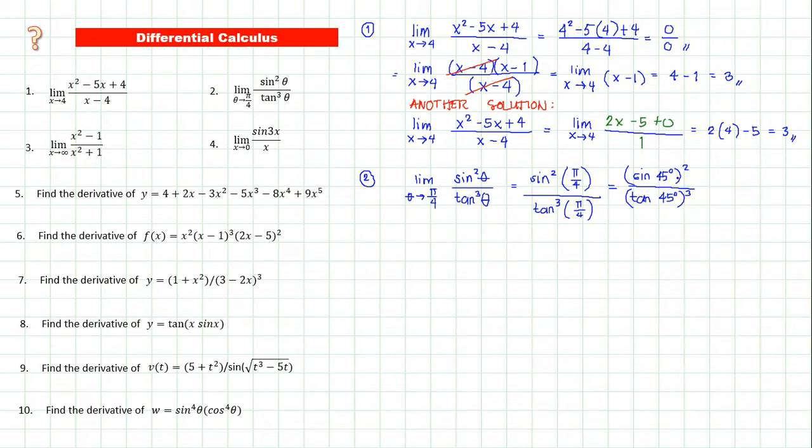So, yung sine ng 45, it is equal to, memorize ko lang siya, no? Square root of 2 over 2. So, naka-square yan. Divided by, ang tangent ng 45 is 1. 1 tapos naka-cube. So therefore, ang sagot natin dito, the limit nitong ating function na to as theta approaches pi over 4 is equal yan sa 1/2. Okay? Yan. Ganyan lang siya. Another solution would involve yung paggamit natin ng identity. No? So sulat ko na rin siguro dito.